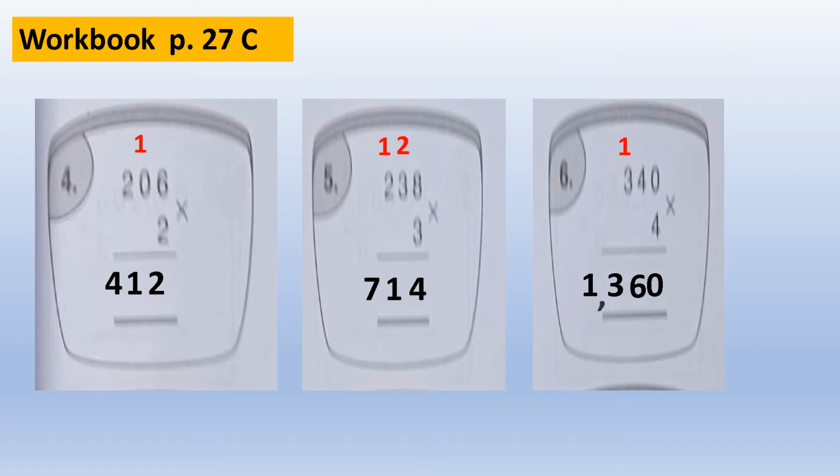Don't forget to put a comma after the third digit from the ones place. So the product is 1,360. So you say 340 times 4 is equal to 1,360.